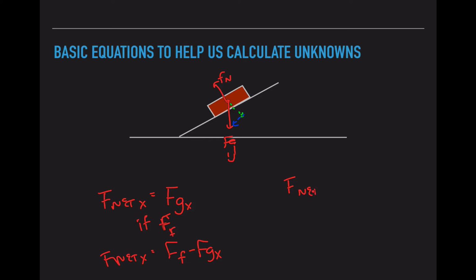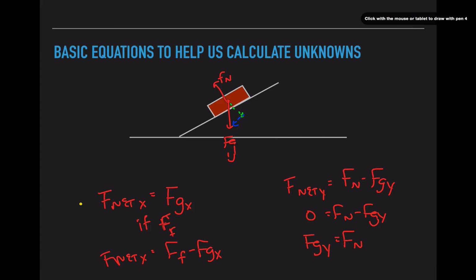And in the y direction, F net y equals Fn minus FGY, but F net y is going to be 0, which leaves us with FGY equals Fn.